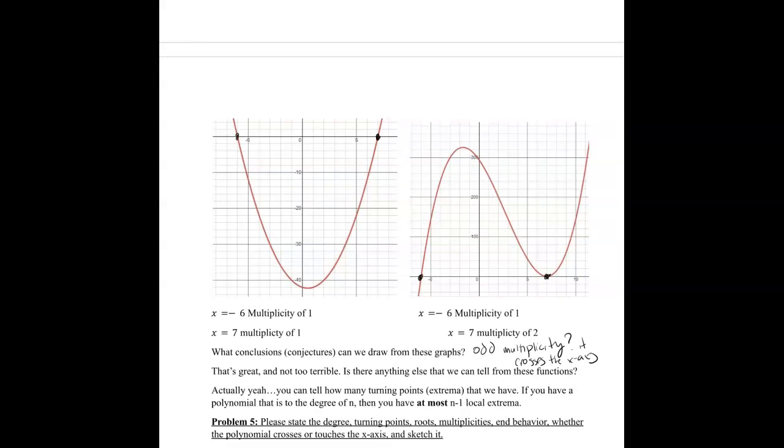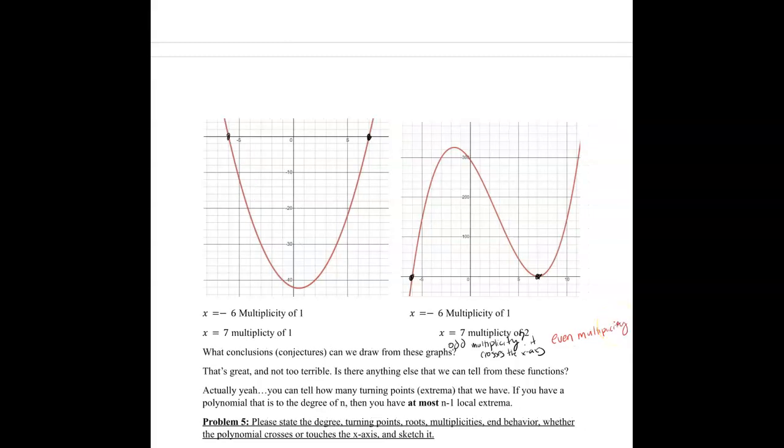Versus if it's an even degree or even multiplicity, it's just going to touch the x-axis, and then just go right back.